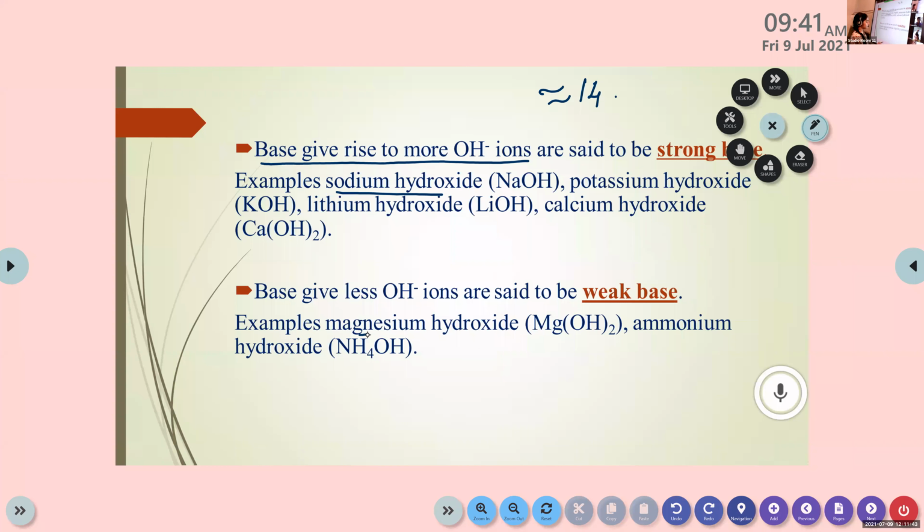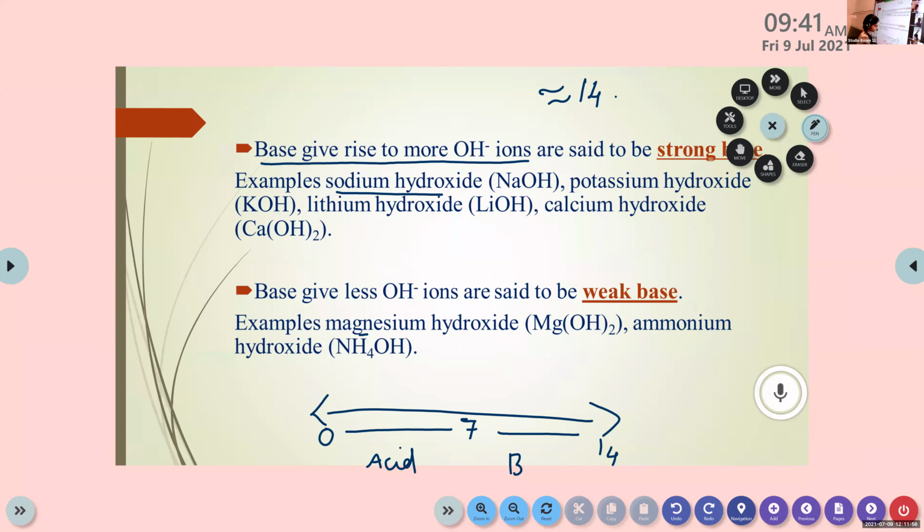So you have to remember the pH value is between 0 to 14, and 7 to 14 belongs to base and 0 to 7 belongs to acid. Among this pH scale itself, approximately equal to 1 is strong acid, and approximately equal to 7 is weak acid.